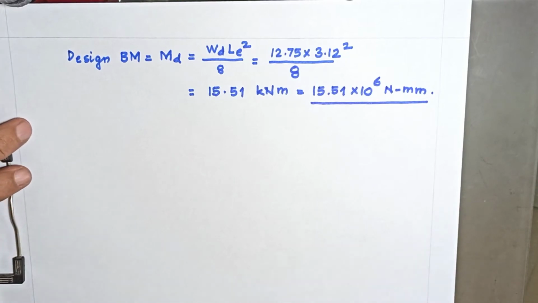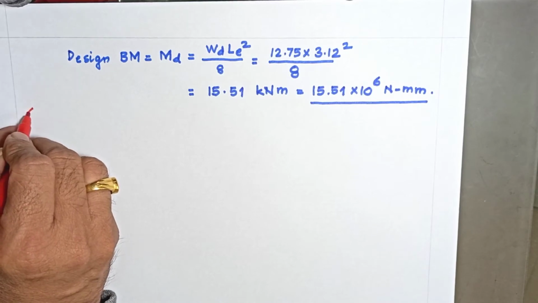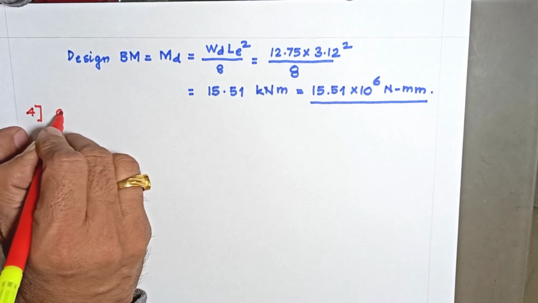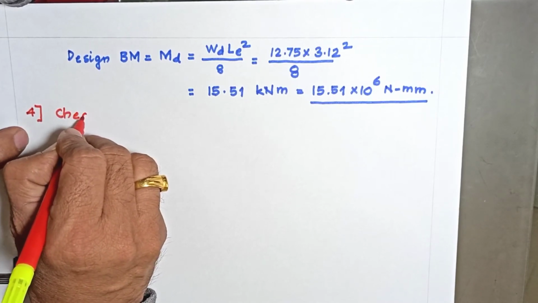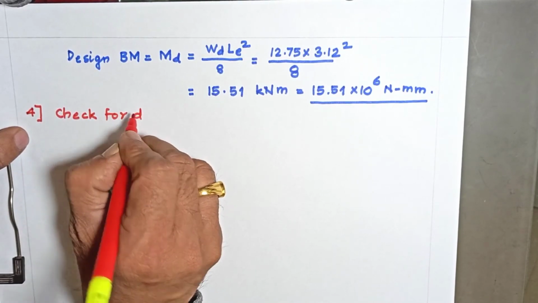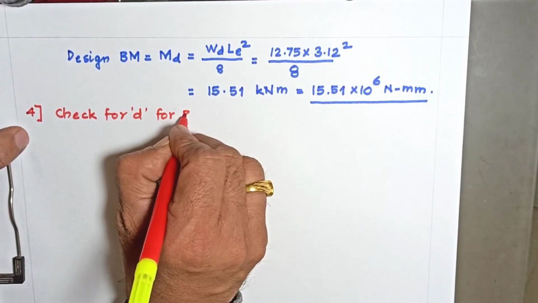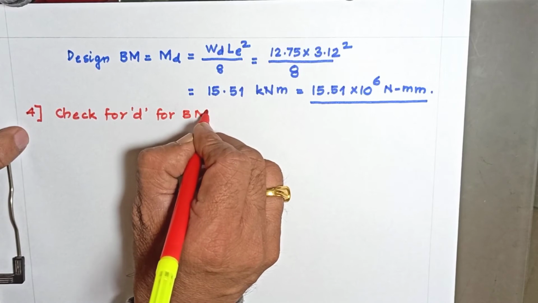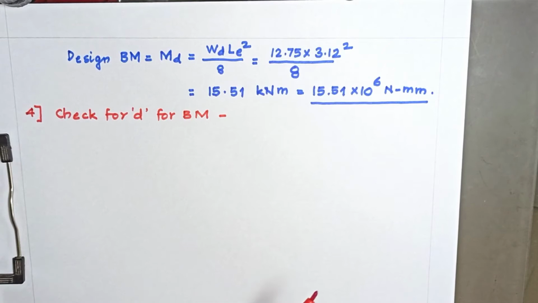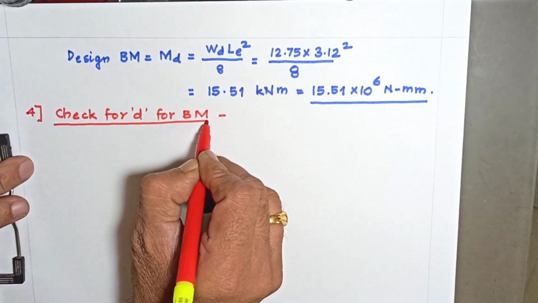Now let us go for step number 4. Step number 4 is one of the important steps. Check for D for BM. Now what is the meaning of this? The depth of the slab, that is 120 mm, which we have taken, is the depth for deflection criteria using basic L by D ratio.